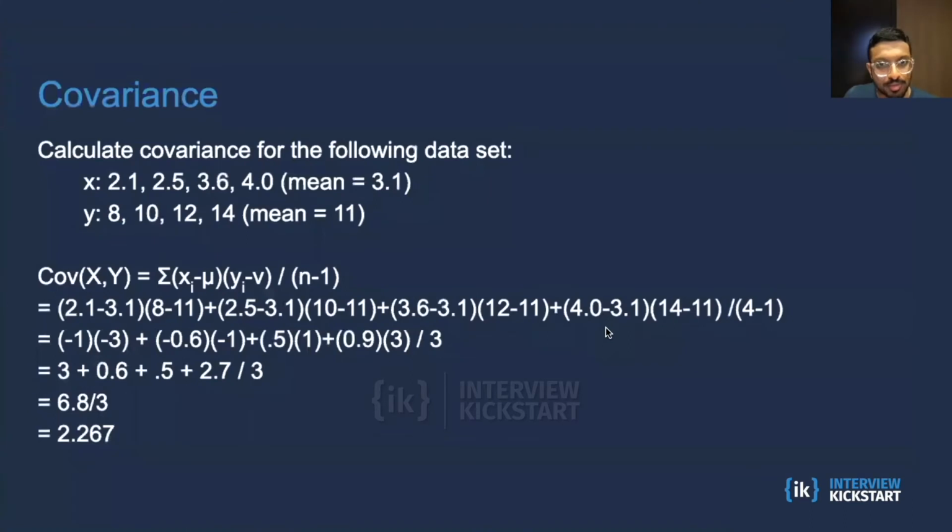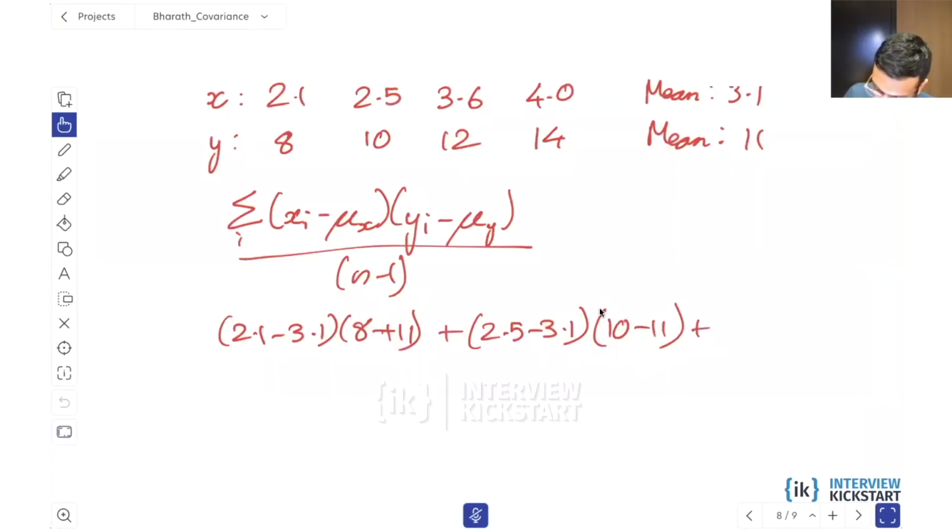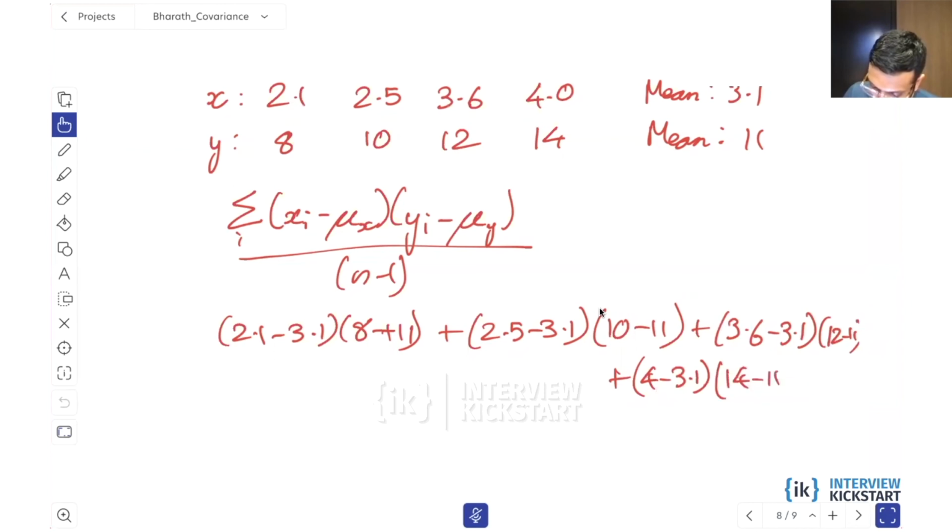plus, just making sure, yep, because doing live math is always tricky, 3.6 minus 3.1 into 12 minus 11 plus 4 minus 3.1 into 14 minus 11.